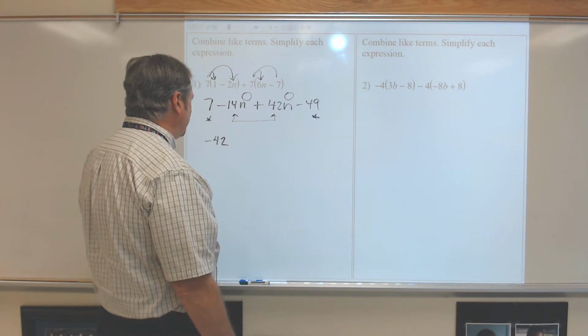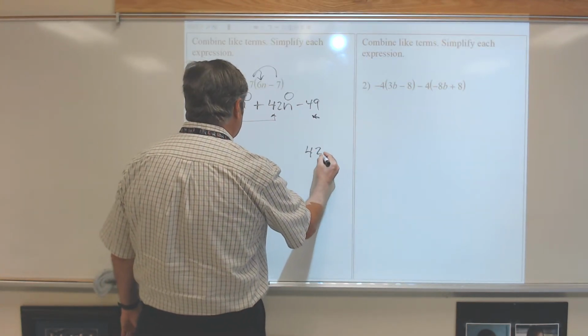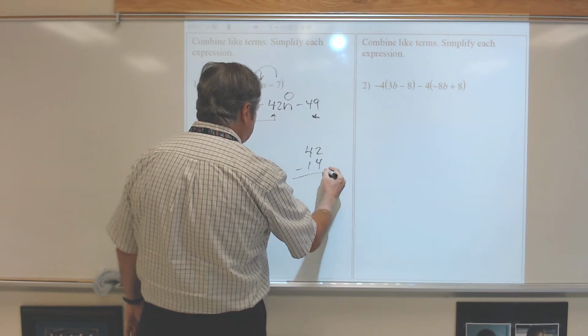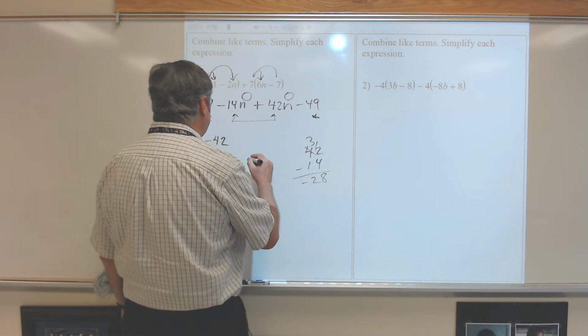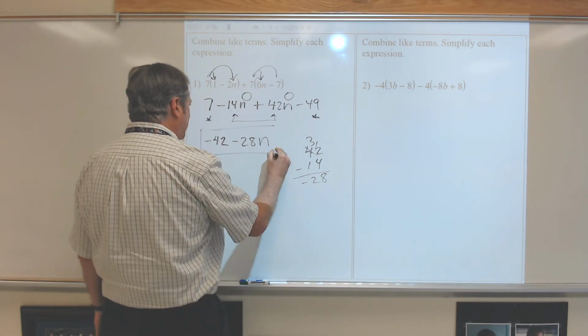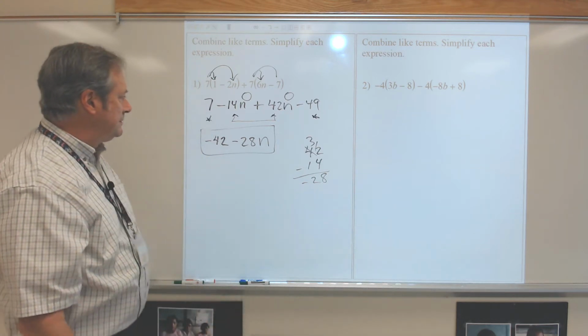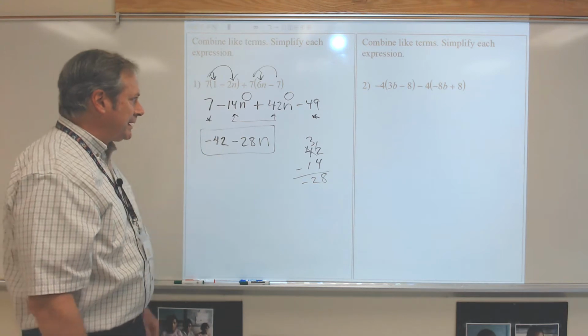Oh, Lordy, I don't subtract too well in my head. I should have got my calculator. Let's do this thing. That's negative 28, so that's minus 28n. And that would be the combination of these two things.